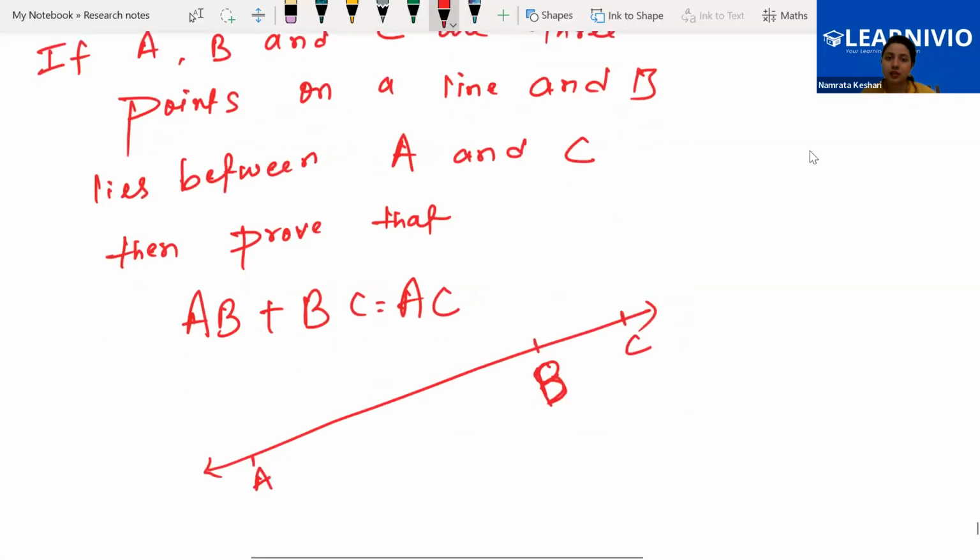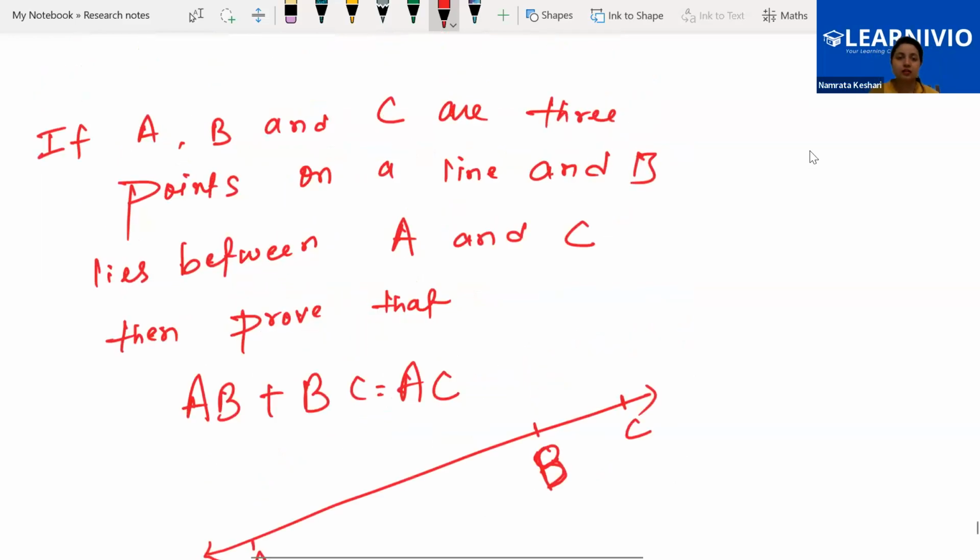A is there on the line. Try it. Think about it and let me know how to do it.